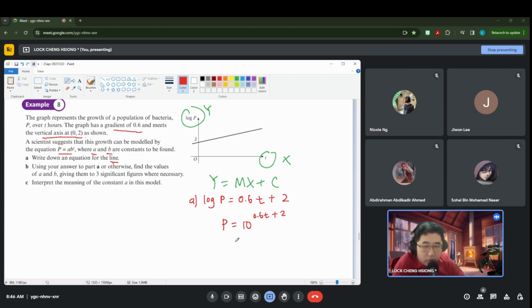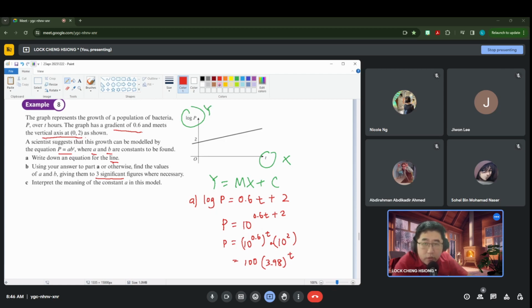Then by using your algebra, your indices rules, your log rules, you have 10 power 0.6 T times 10 squared. Then you have a 100, and 10 power of 0.6. According to the question, give to 3 significant figures. So 3.98 power T.